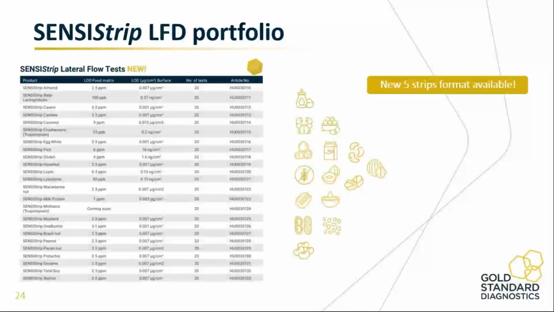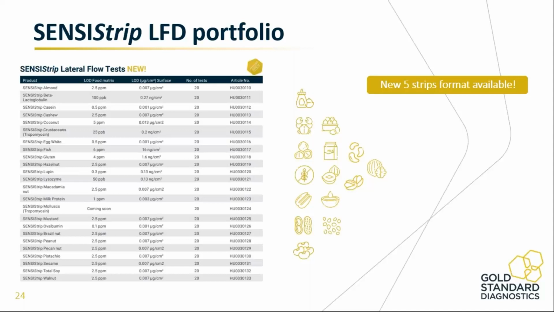And now, once we have finished with the ELISA kit, let's go to the LFD portfolio. Here is the complete list of LFD allergens we have available. You can see it's the most comprehensive list in the market, including even all the nuts. And you can see here that the kits have been validated for food matrices, surface samples, and also rinse water.